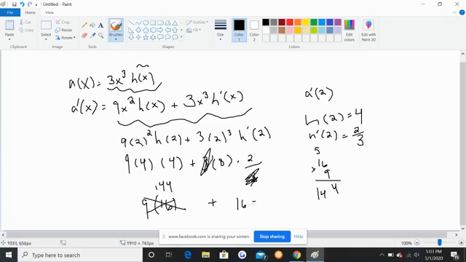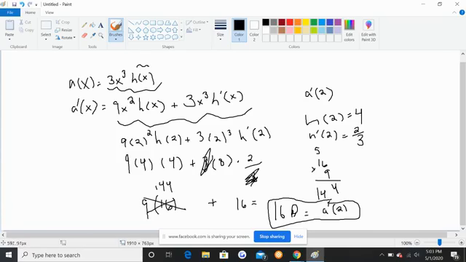It's going to come out to be 160. And that is equal to a prime of 2. Yay! We solved another one. See, those two are not too bad, right?